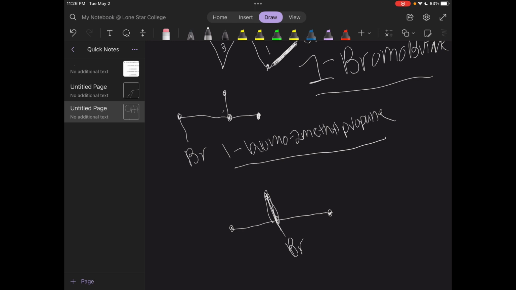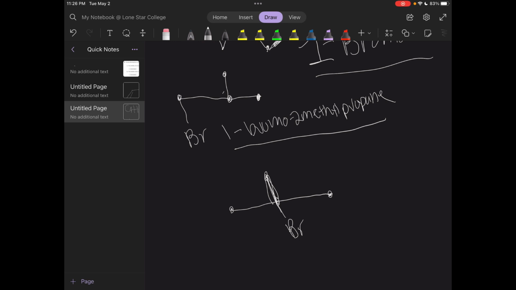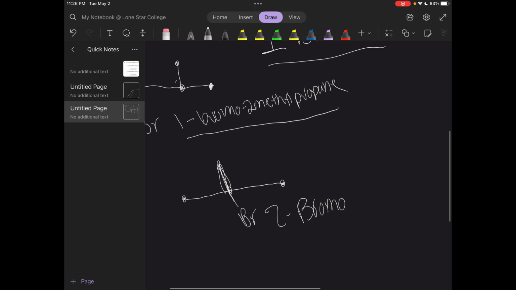Yeah, this would work. 2 bromo 2 methyl, because whatever way you look at it, 1, 2, 1, 2, doesn't matter. Same thing.